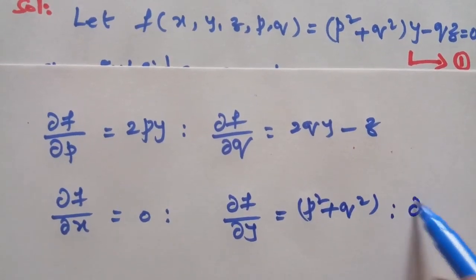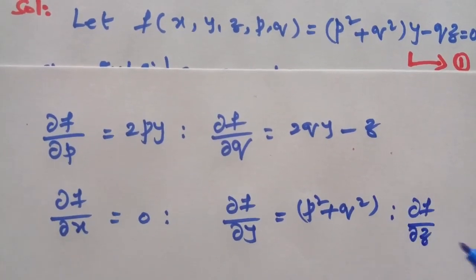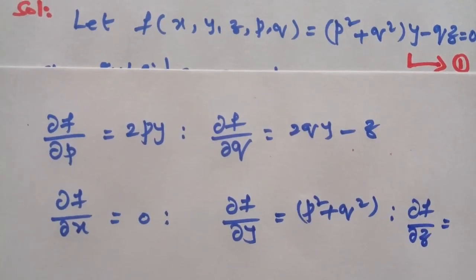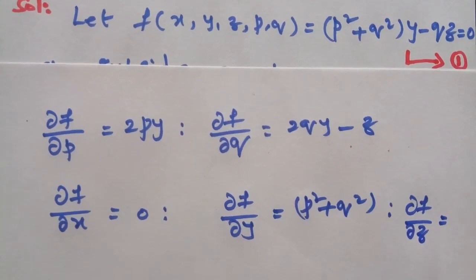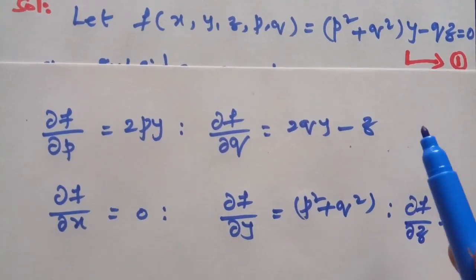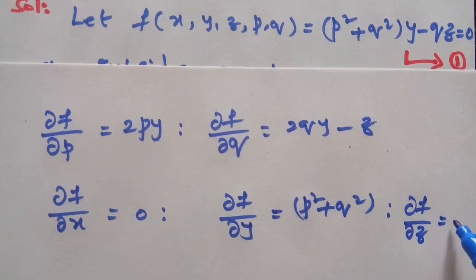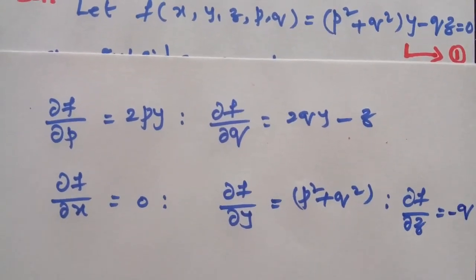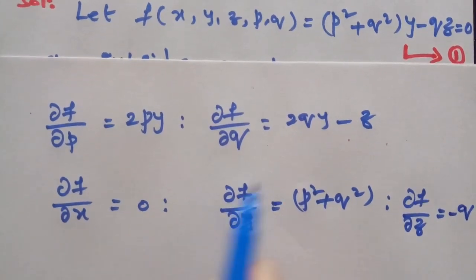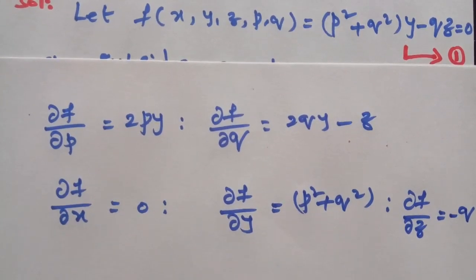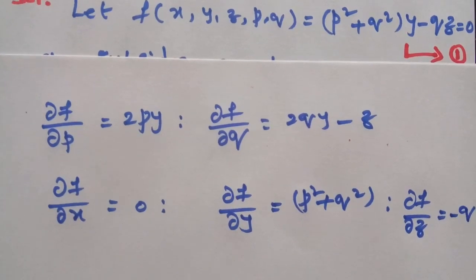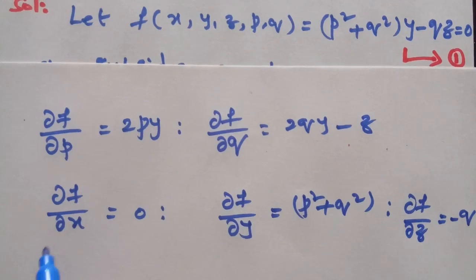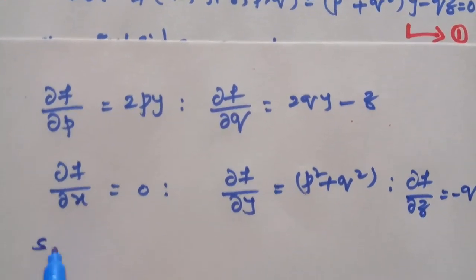Now ∂f by ∂z, partially differentiating with respect to z, keeping all other variables constant. Here p square is constant, q square is constant, y is constant, therefore minus q, since the z derivative is 1. So these are the partial derivatives with respect to p, q, x, y and z. Now substituting these values in the subsidiary equations.